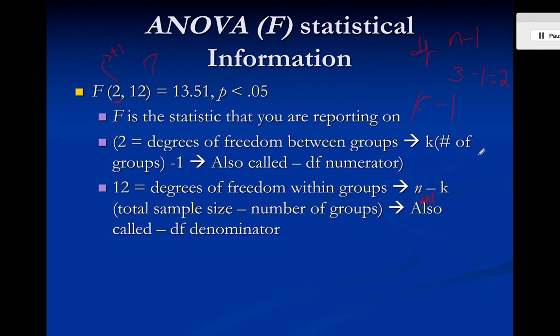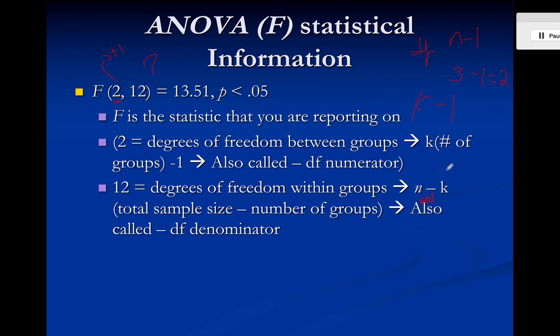Now here you're asking yourself, okay, well wait. We've always been so accustomed to doing n total minus 1 or n total minus 2, depending on the statistic that we were working with, right? In standard deviation, we took n for the group minus 1. In t-test, we took n total minus 2. We took 1 from group 1 and 1 from group 2. So why are you now not taking n total minus 3?